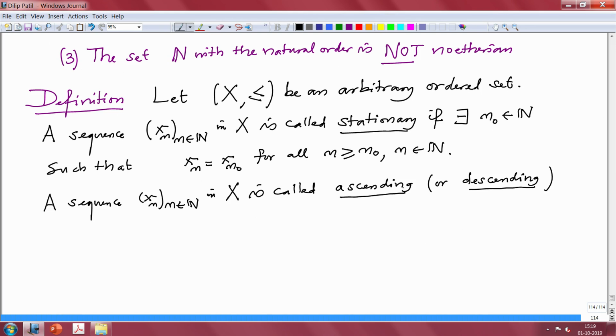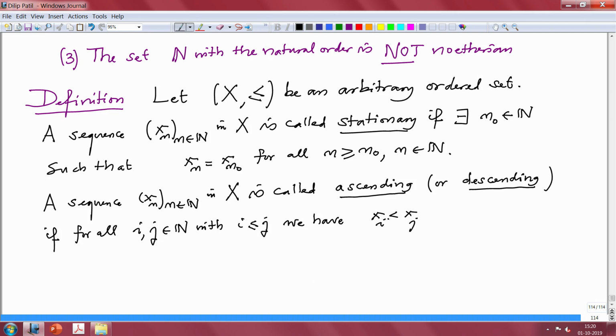Ascending means for all i, j in n with i less equal to j, that means the ith term comes before the jth, we have xi, this is the ith term of the sequence, and xj, this is the jth term.